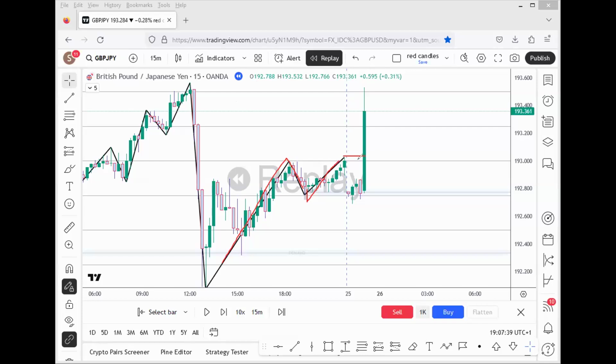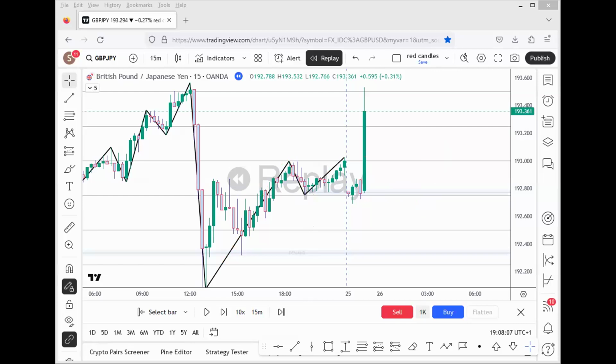So right, as we were saying, here we have a break of structure. With a break of structure, we have something like this, and then all we're looking for is this pullback. We put our stop loss somewhere there, and then expect price to continue going up. So let's see what price did.